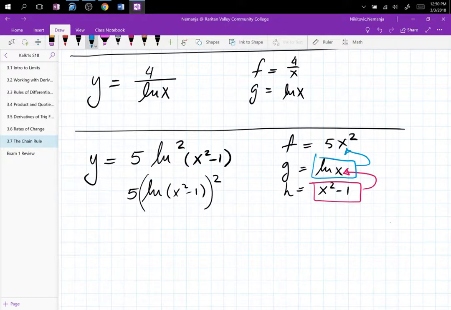Do we all see that motion and the way it builds? If you're struggling with this, spend time with this only to decompose the function. Once you decompose the function, you will be able to do the chain rule.